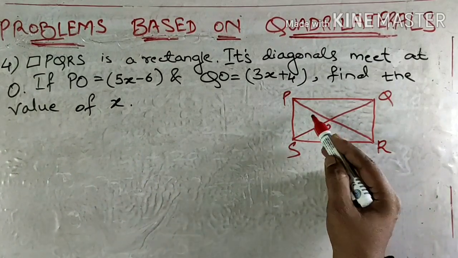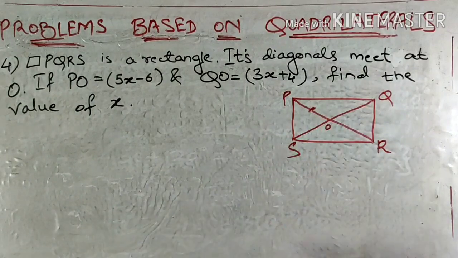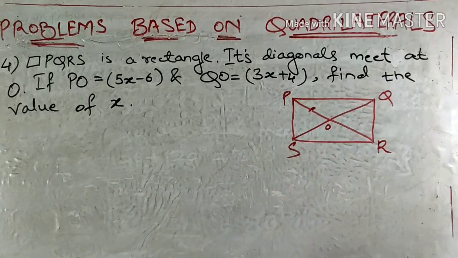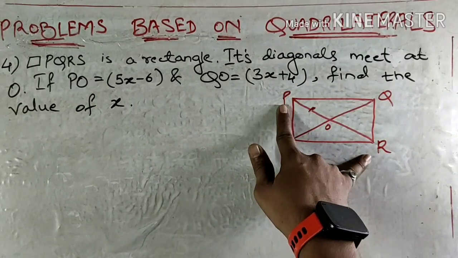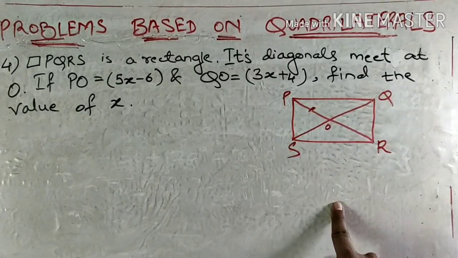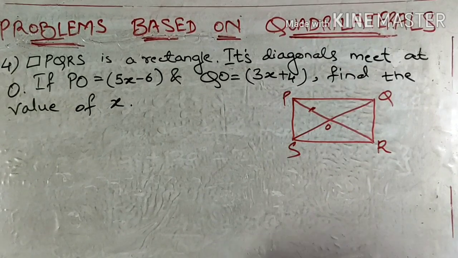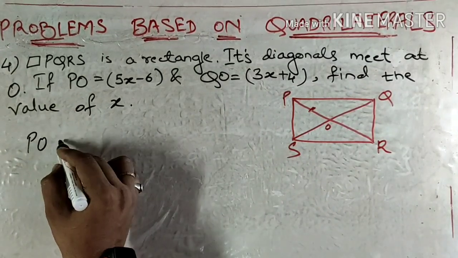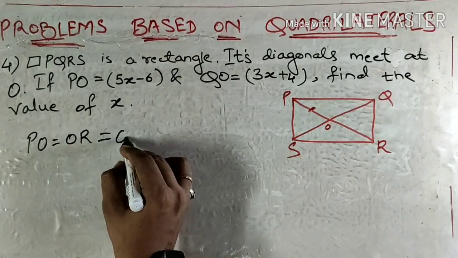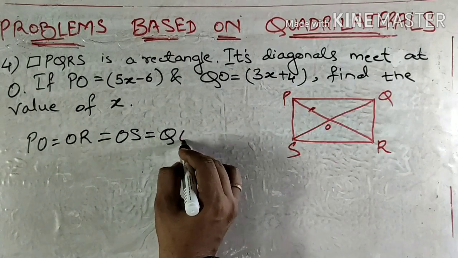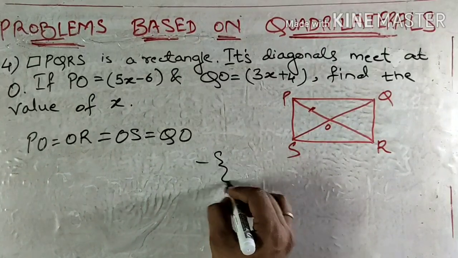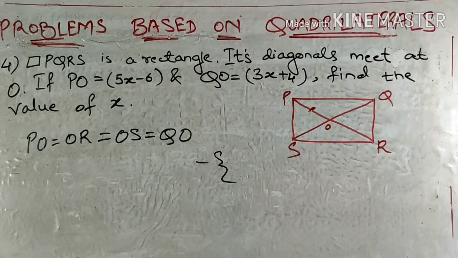Hence, if PO is given to us and QO, so that means if PR bisects QS and vice versa and they both are equal, it means my PO equals OR equals OS equals QO. Correct? Because the diagonals of a rectangle are equal and bisect each other.